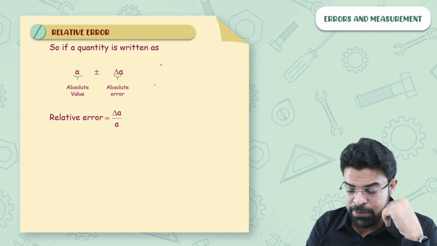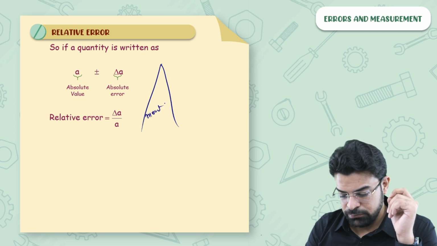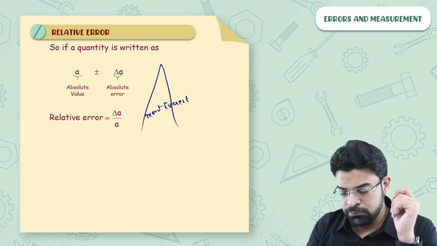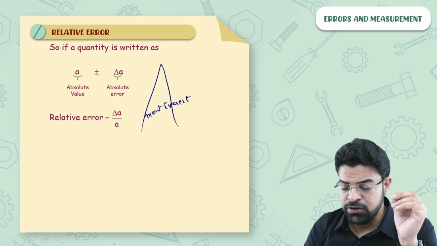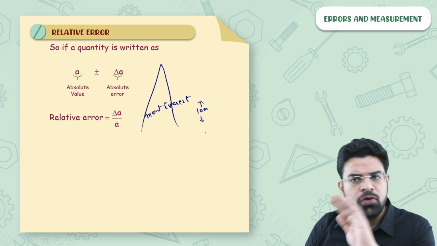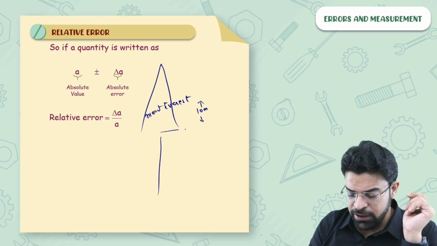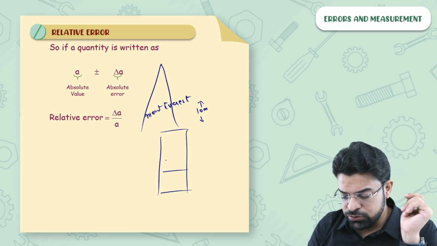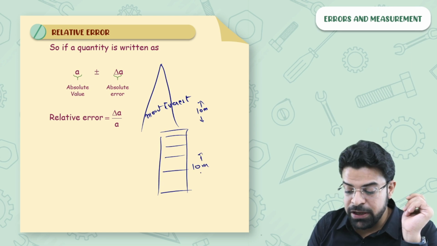Let's say I am measuring the height of Mount Everest and I make an error in the calculation of the height of Mount Everest by 10 meter. I won't be put into jail for this. But if I am making a building and I reduce the overall height of the building by 10 meter, that's a big error.